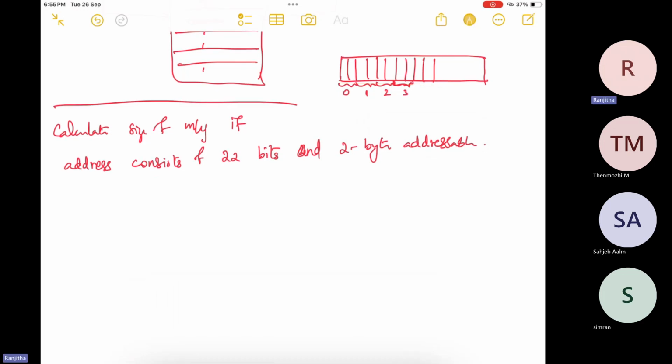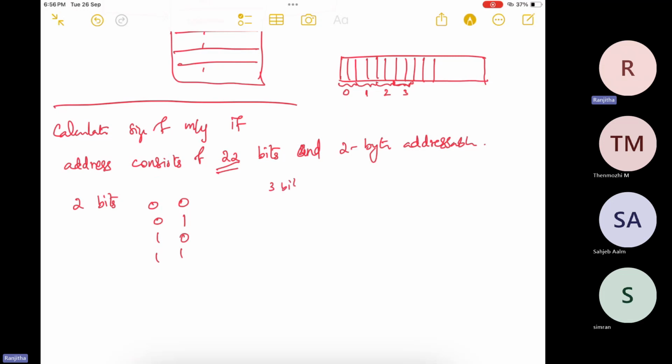It is told that the address consists of 22 bits. So with 22 bits, how many different locations can we address? Take a simple example in binary. If you take a 2-bit number, the combinations are 00, 01, 10 and 11.